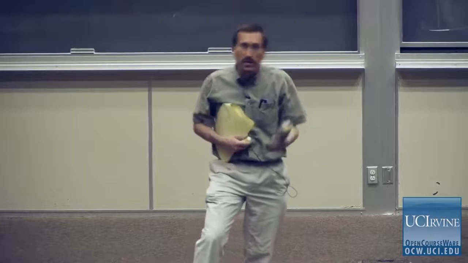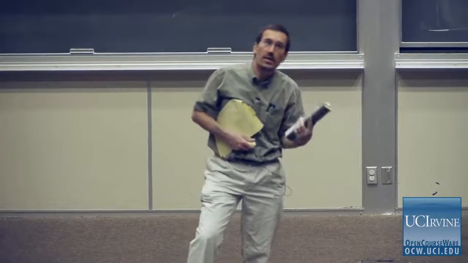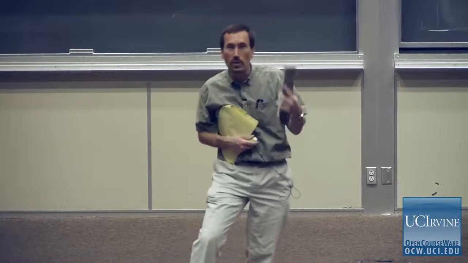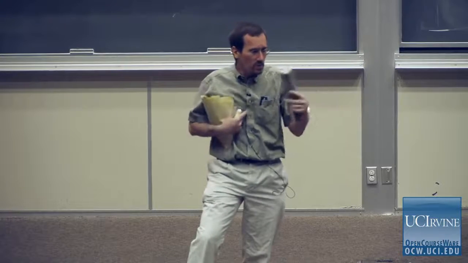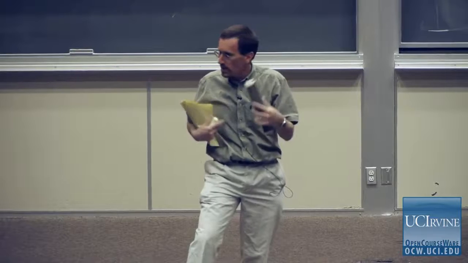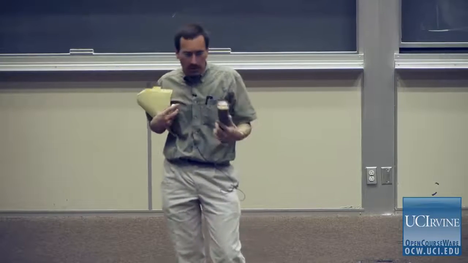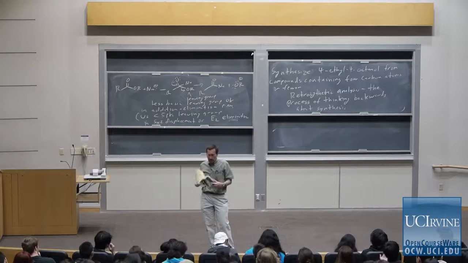Oh, well, we're using organometallic reagents. Do I use an organolithium? Do I use a Grignard? Do I use an ester? Do I use an acid chloride? Do I use butyl lithium as a base? Do I use methyl lithium?